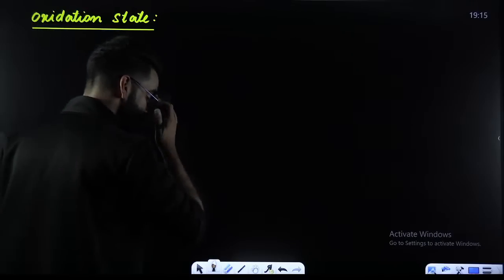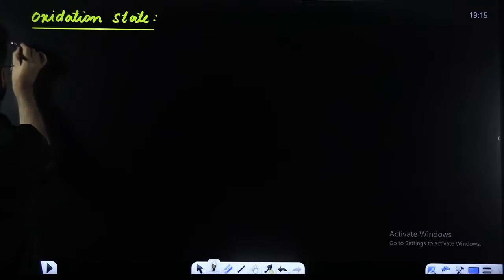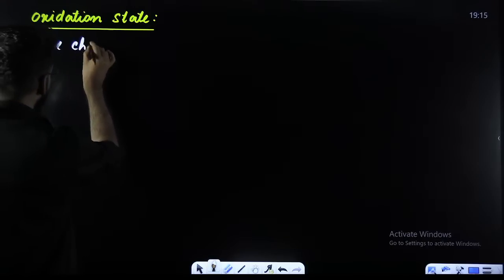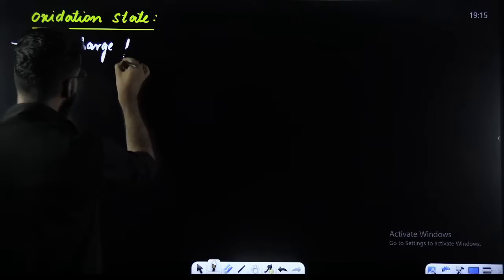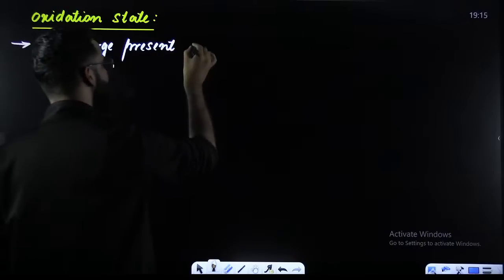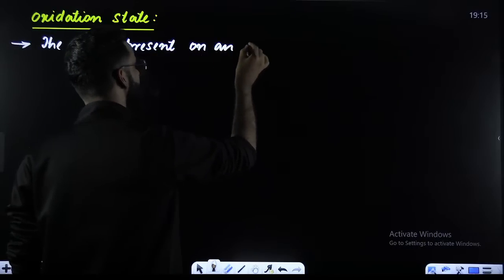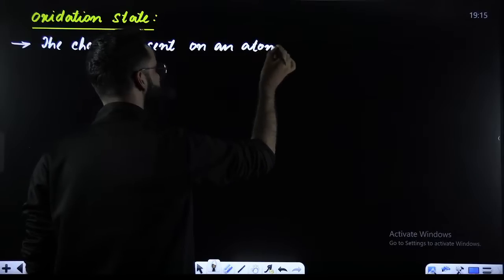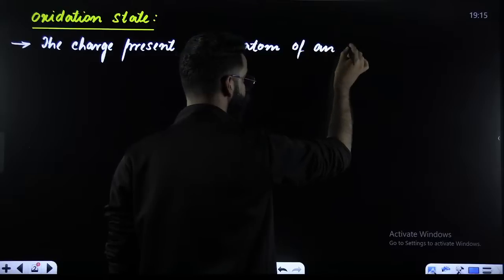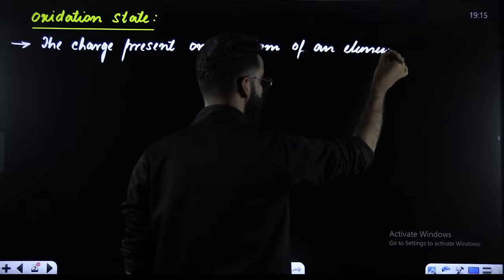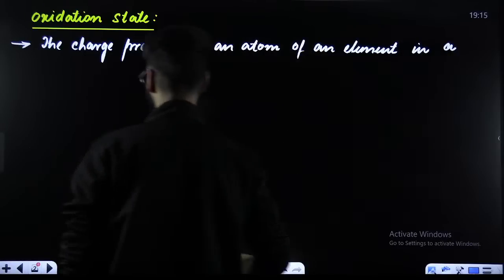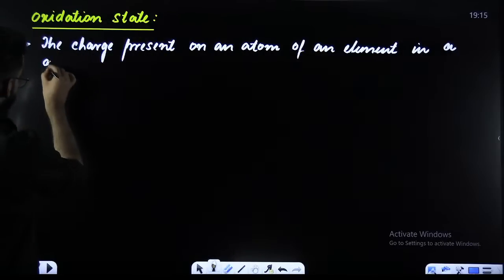Oxidation state is defined as the charge present on an atom of an element in a given compound.